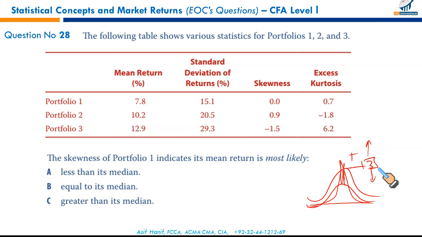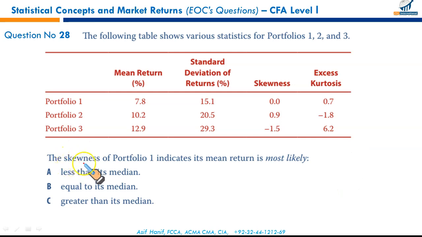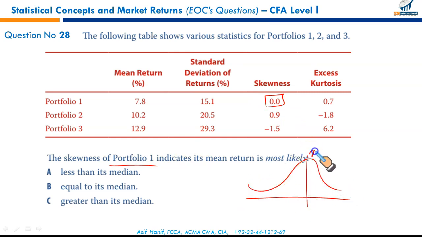Now, what exactly do we need to do? The skewness of portfolio 1 is 0. When do we have 0 skewness? Skewness is 0 when your mean is equal to your mode is equal to your median. That is a symmetrical distribution. So skewness 0 means this is the kind of distribution we have for portfolio 1.